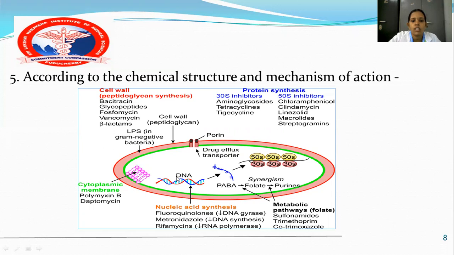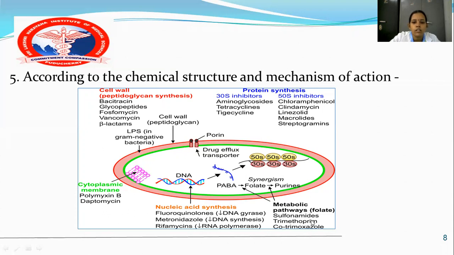If you see nucleic acid synthesis, fluoroquinolones inhibit DNA gyrase, metronidazole inhibits DNA synthesis, and rifamycins inhibit RNA polymerase. Here there is a drug efflux transporter, and this metabolic pathway is the folate pathway. PABA is converted to folate, synergism will occur here, then it converts to purines.